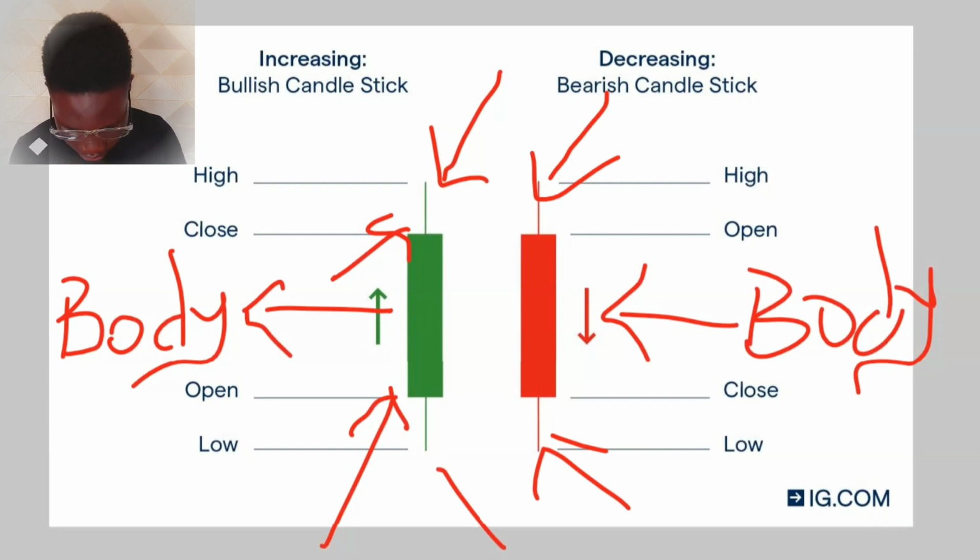The closing of the bullish is always above, while the closing of the bearish is always below. That's why I can easily identify it's a bearish candle, because they always close below, while the bullish candle always closes above, which is in profit. That is just the major thing you need to know about the Japanese candlestick.